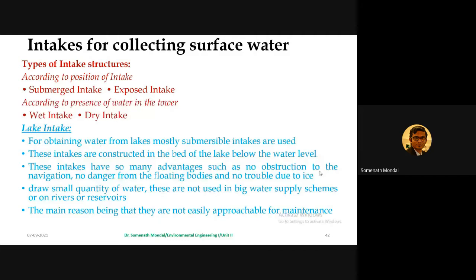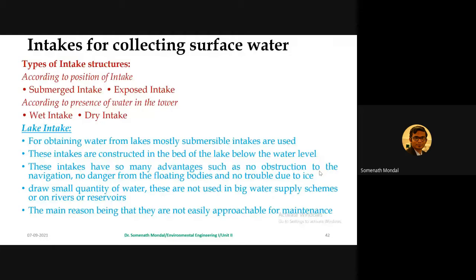According to the presence of water in the tower, that means the structure which has the capacity of intaking the water, there are two different types: wet intake and dry intake.